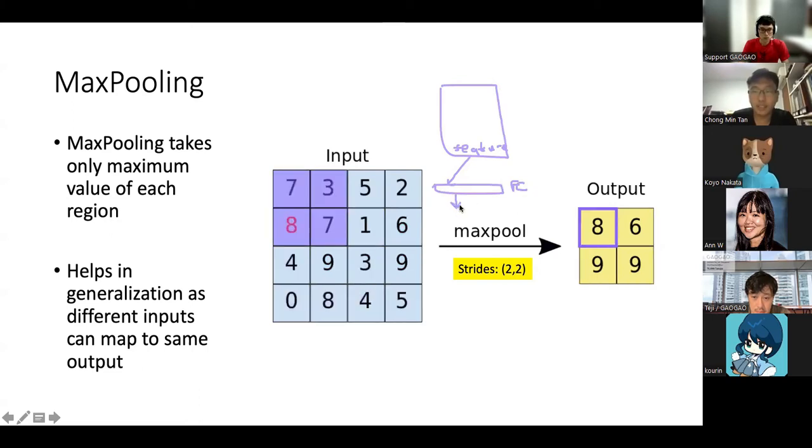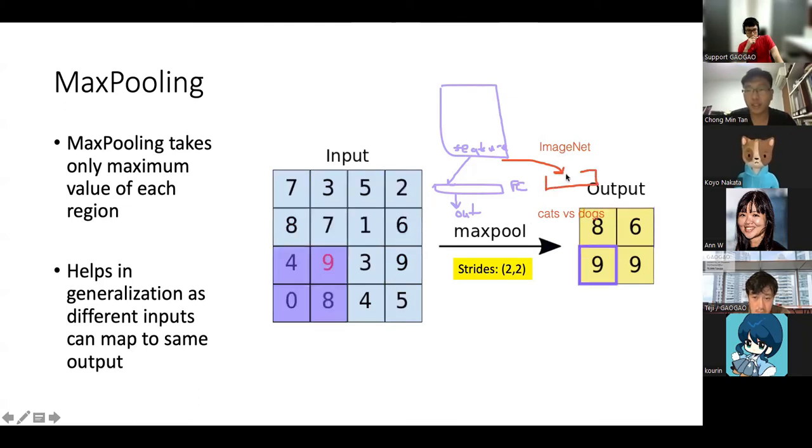If our feature space here is very similar to what your output is, imagine your feature space is trained on ImageNet, and then you want to do a cats versus dogs classifier. What you can do is delete the last layer that people use for ImageNet, and train your own fully connected layer here, and then you have an output classifier for cats versus dogs.